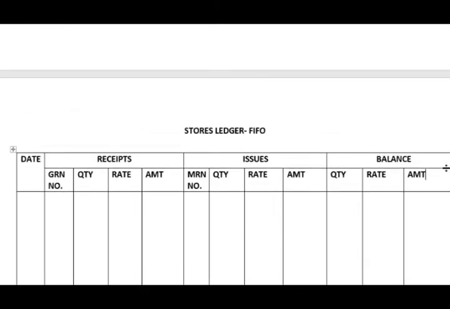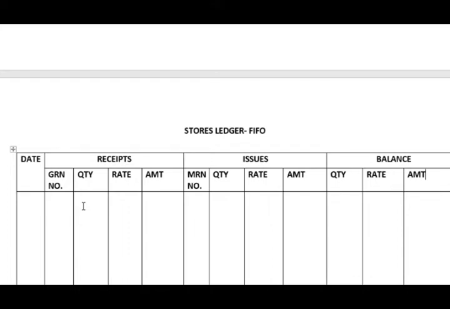A stores ledger basically has three parts: receipt part, issue part, and the balance part. Under receipt part, we have the GRN number, that is the goods received note number. Upon the receipt of goods from the vendor or supplier, we'll record that. Not every question has a GRN number. On the issue part, we have the MRN number, that is the material requisition note number.